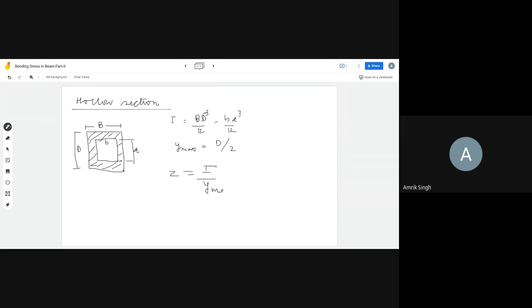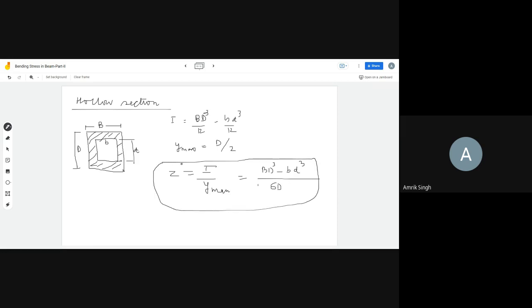So you can write here BD cube minus bd cube divided by 12 and D by 2. So this will become D by 6. So this is Z. So this is how you calculate.